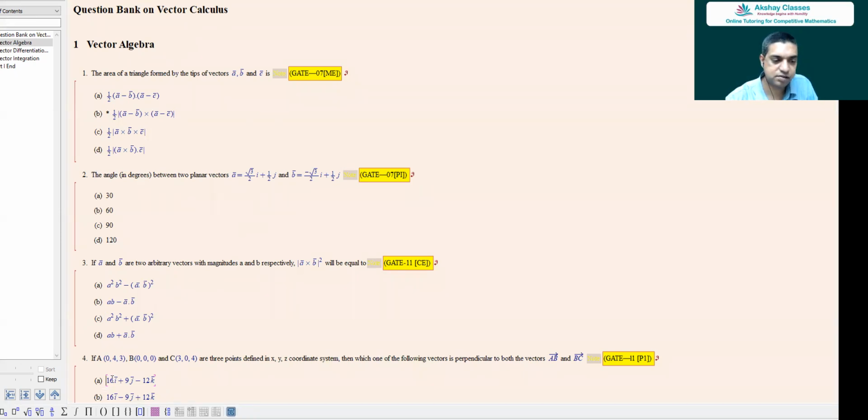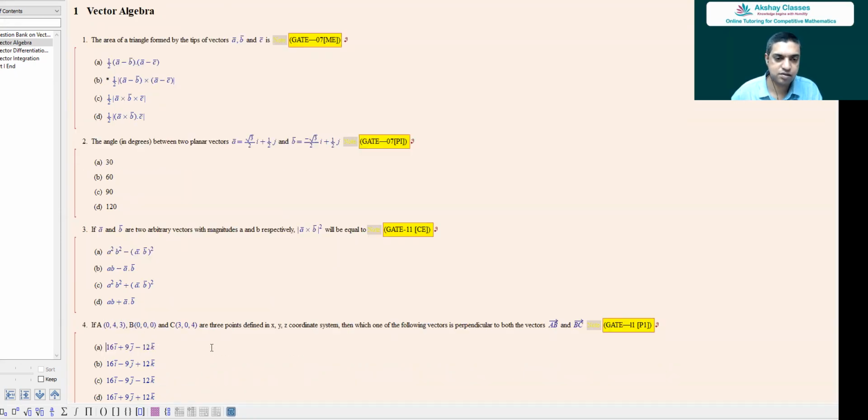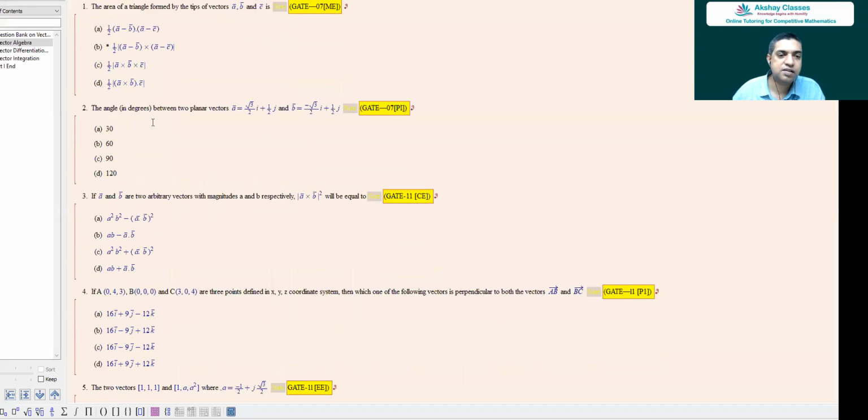This is the angle between two planar vectors. Okay, angle you can do. So let us do this one. Third one.